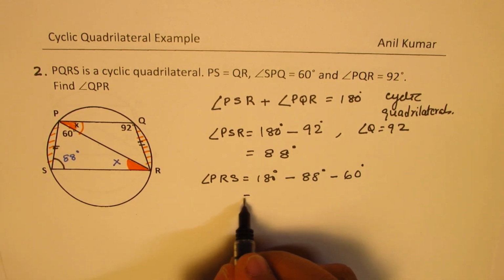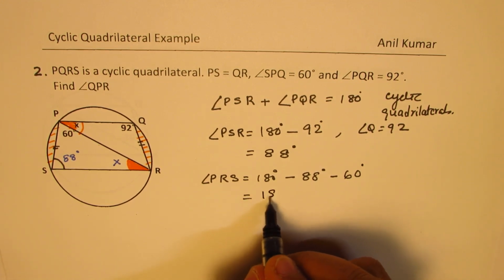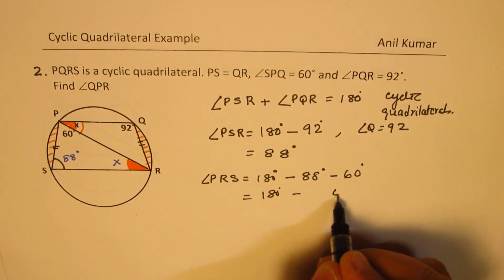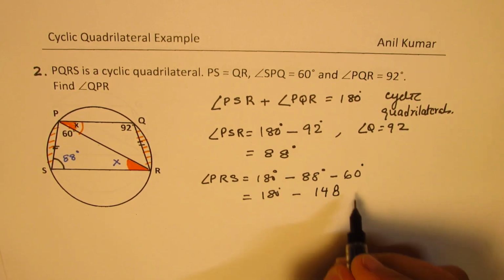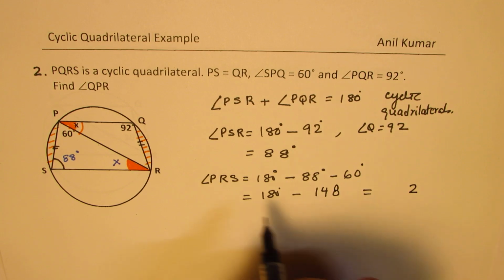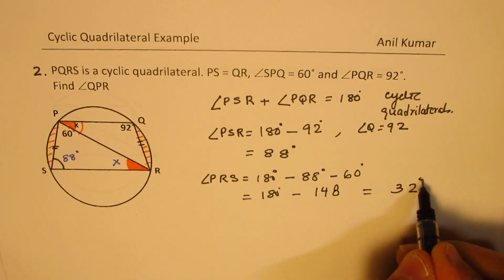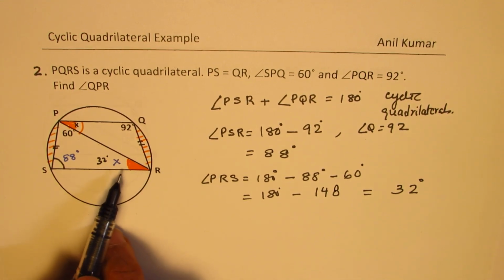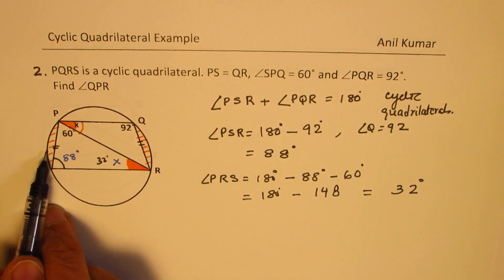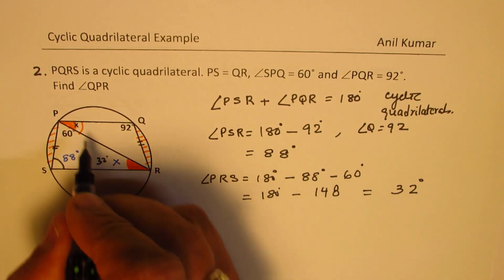So let's figure this out. 180 degrees minus 148 is 32 degrees. So this angle here is 32 degrees. And using this property of angle against the same chords, X is also 32 degrees.